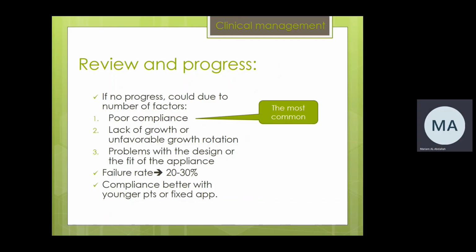Maybe there are problems with the design or fitting of the appliance, etc. But we need to know that there is a failure rate using functional appliances of about 20 to 30% of cases, okay? Compliance is better with younger patients or fixed appliances. So if it's a fixed functional appliance, maybe there is better compliance. The younger the patient, the better the compliance is.